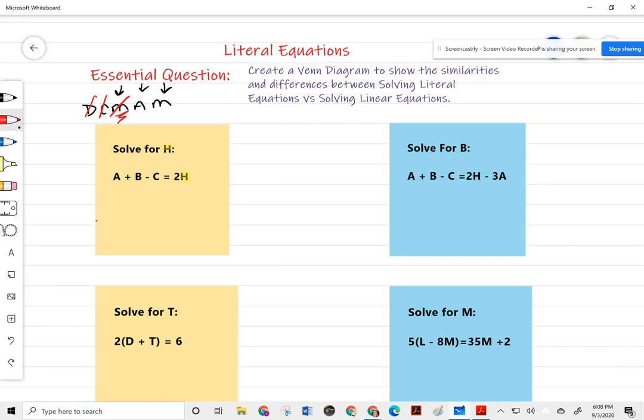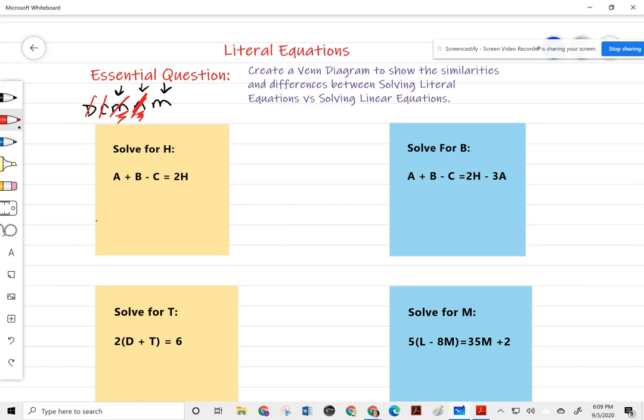And then we are going to either add or subtract to get everything else that's on this side over to the other side. Well, there is nothing else on this side, so that part is also done for us. Yay for us. So we are just left with undoing our multiplication or division.